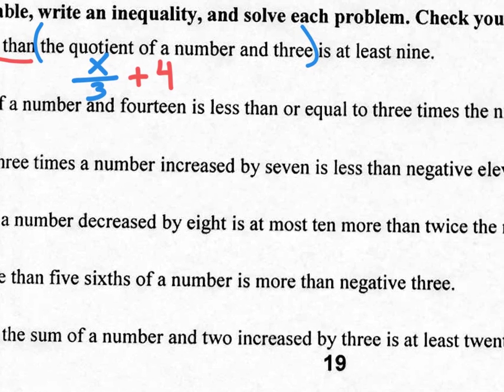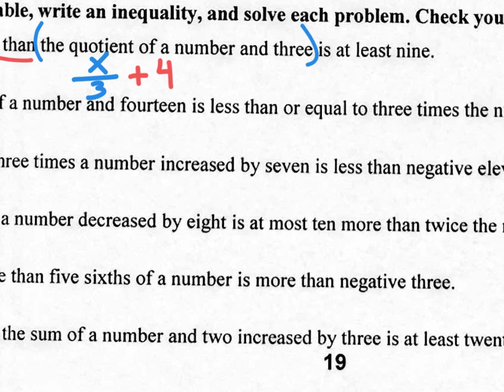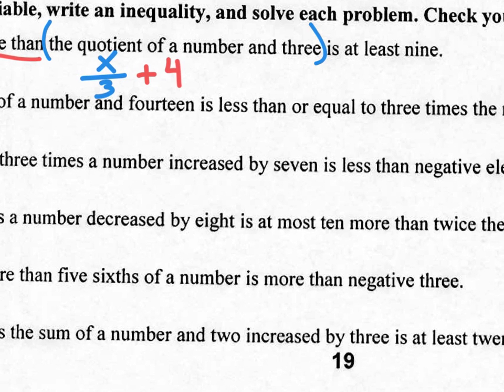It says, is at least 9. Okay, this might confuse some people. Is at least 9. What if you're at Disneyland and you want to get your little brother on a ride and they say, oh no, he has to be at least 9 years old. What does that mean? 9 or over, right?